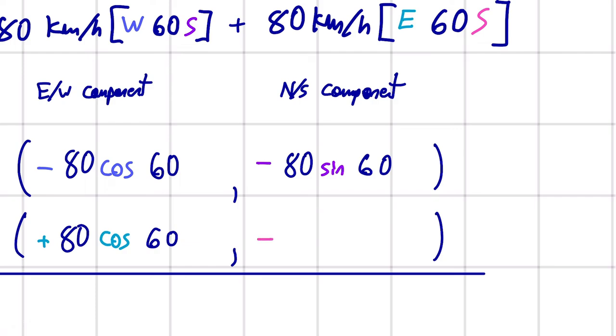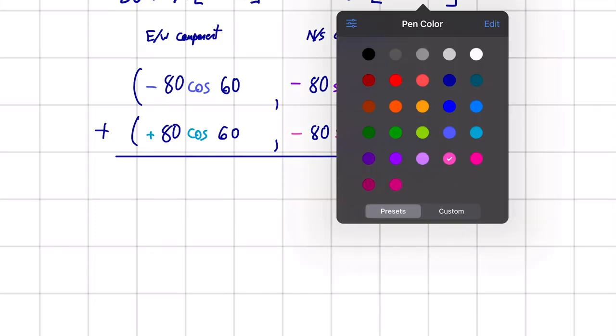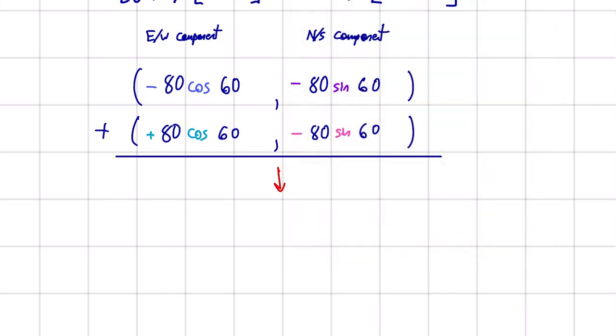And then for this north-south component, because it's south, negative magnitude of 80 sine 60.